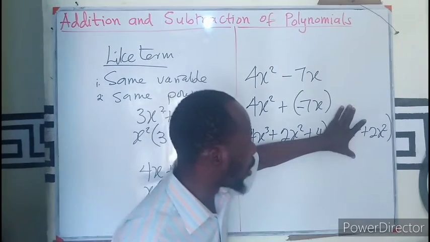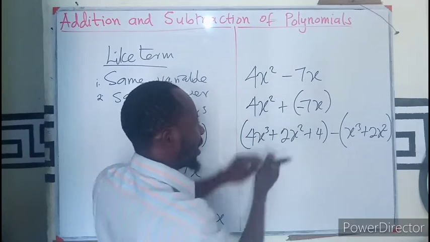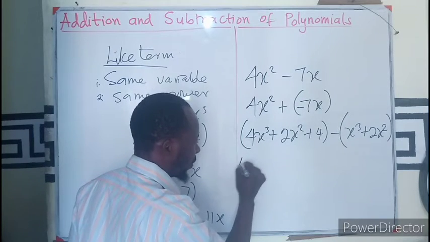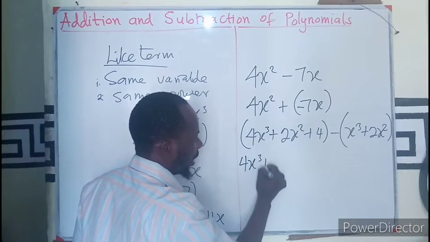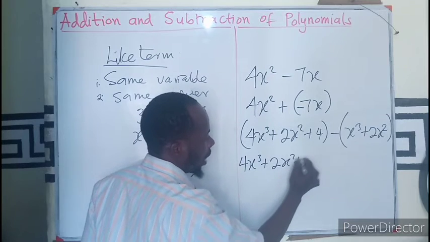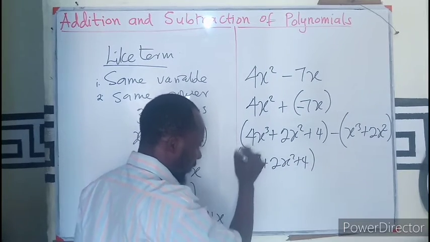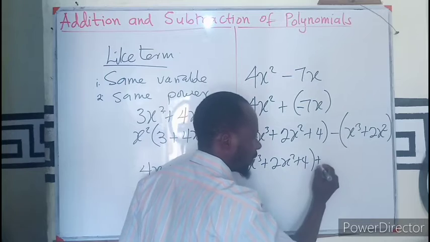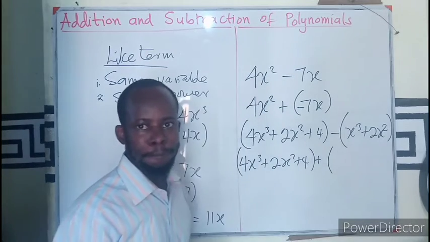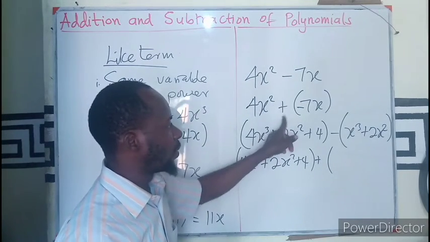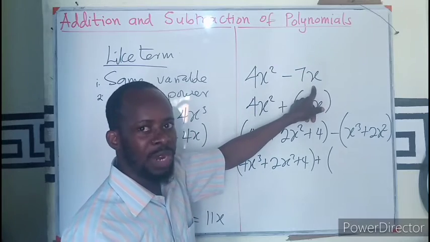So if I want to borrow the idea here, this could also be given as 4x to the power 3, 2x squared plus 4, still in a bracket, plus, into the bracket. You see the plus. So the negative is shifted into the bracket.